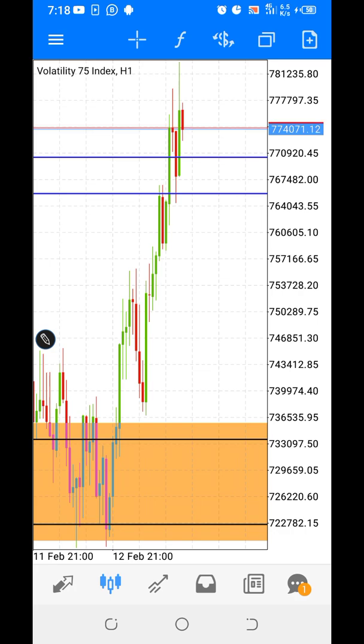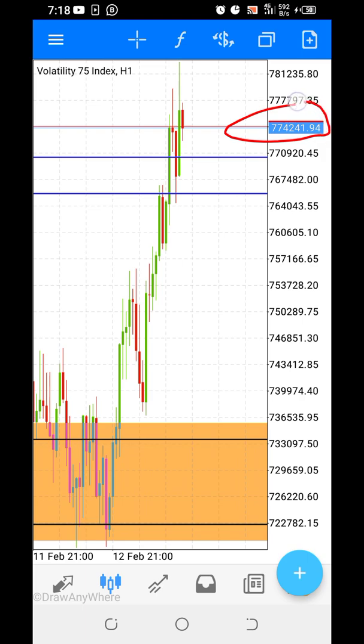The lowest lot size is 0.001, and I want to open a trade. Let's say I want to open a trade here currently where price is at. You can see that the figure here changes rapidly. So let's say I want to buy here.